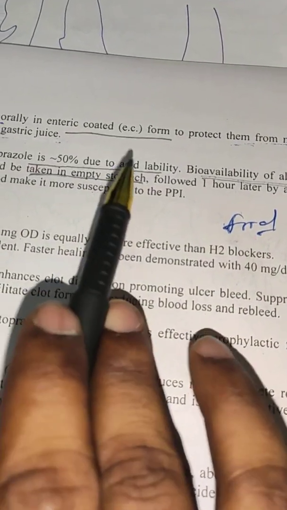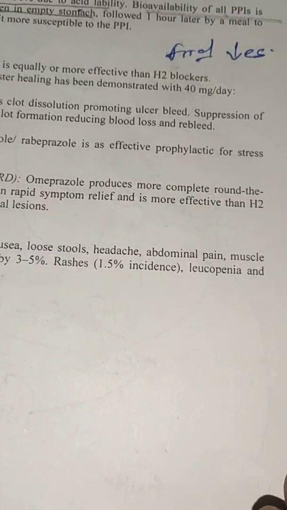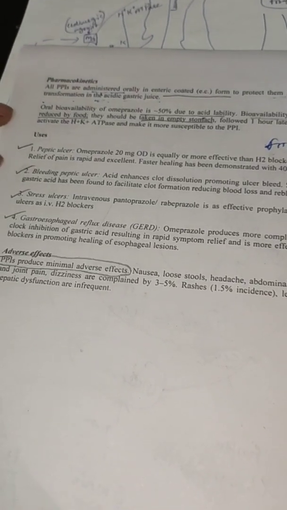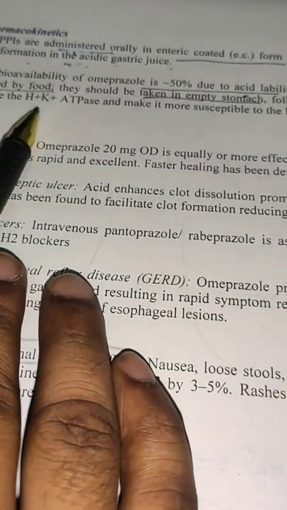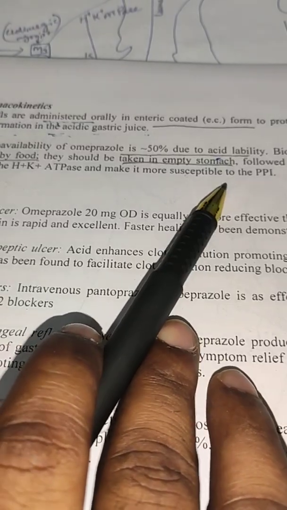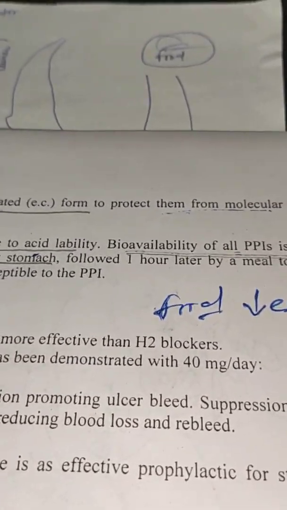If you observe, doctors advise taking anti-gastric drugs on an empty stomach, followed one hour later by a meal, to activate the proton pump ATPase and make it more susceptible to the PPIs, proton pump inhibitors.